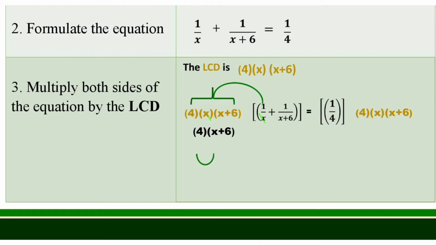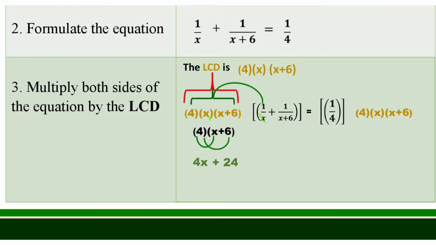Now, we will get the product of 4 times x. The result is 4x. Then, we will also get the product of 4 times 6. The result is 24. So, therefore, the product of 4 times x plus 6 times 1 over x equals 4x plus 24.